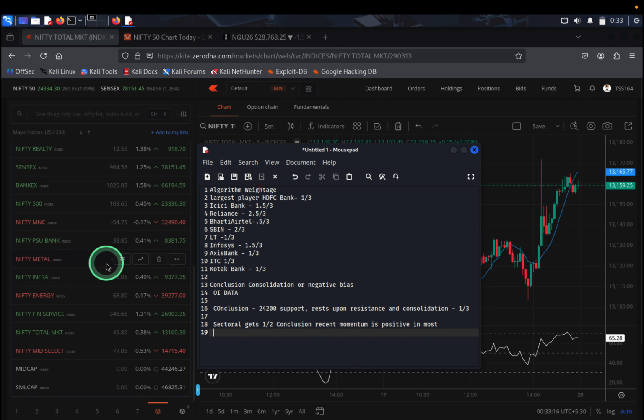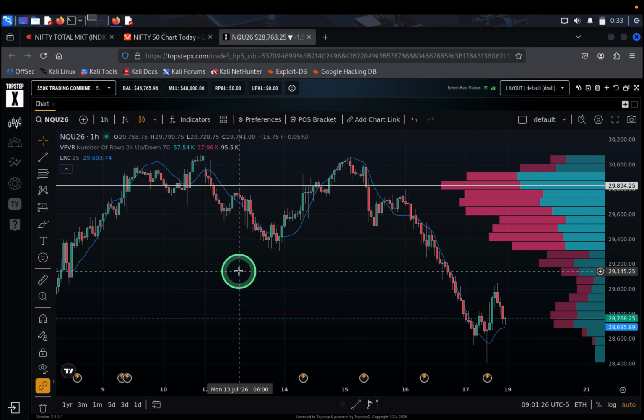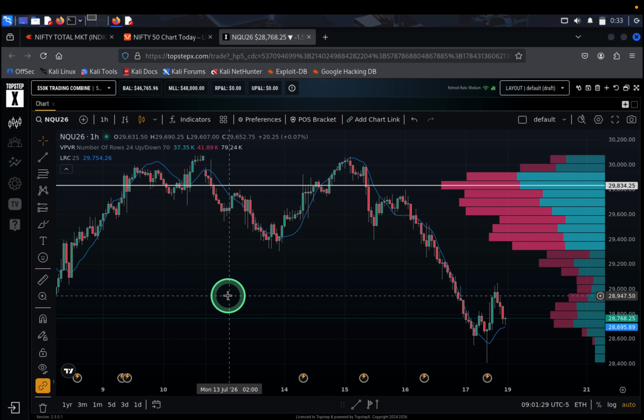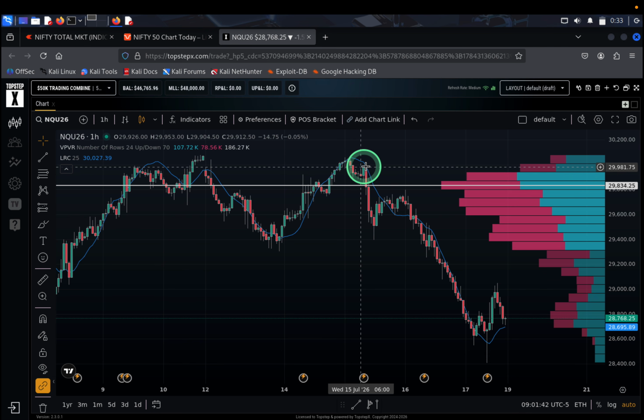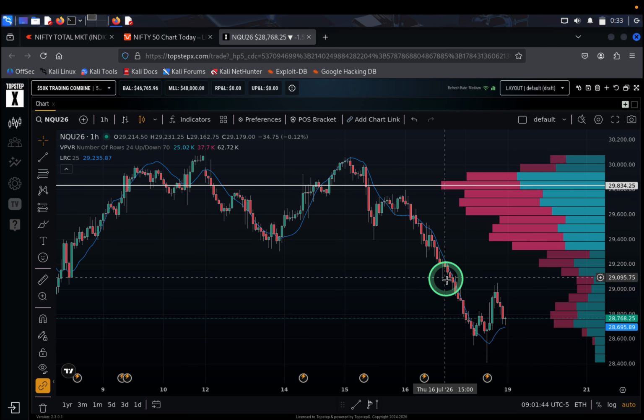Last come the 2 points, so it will be a complete 10, which is global. For global, you have a tool for judging the intraday or basic charts of futures of US. This is Nasdaq 100 future, and you can see there was a huge movement towards the downside, and there was volume rejection.